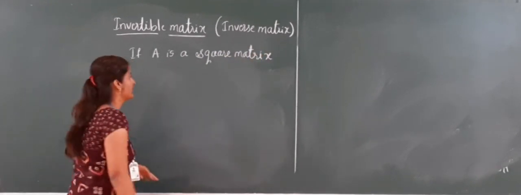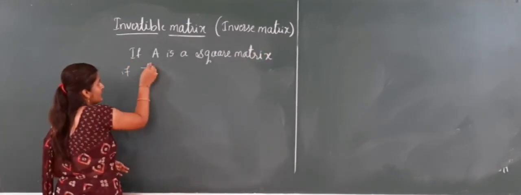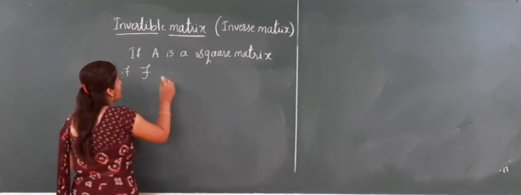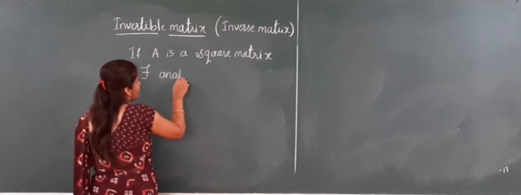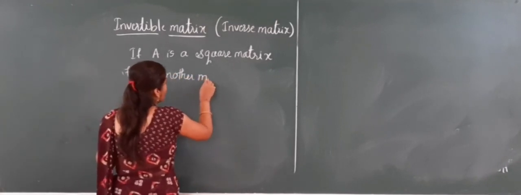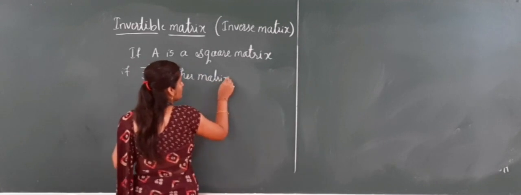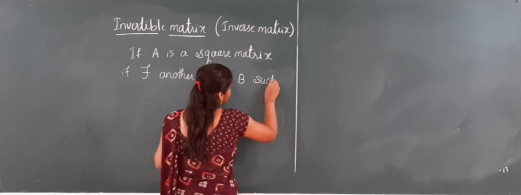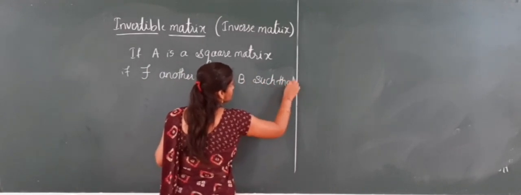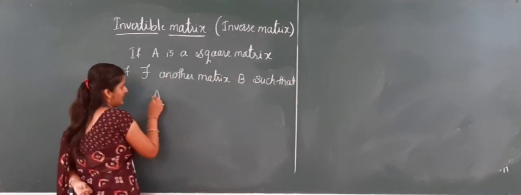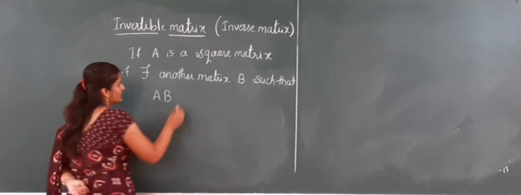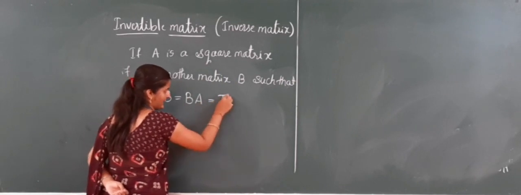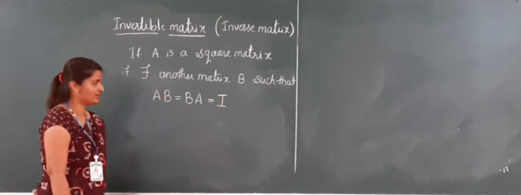If there exists another matrix B such that A into B is equal to B into A is equal to I, are you getting?